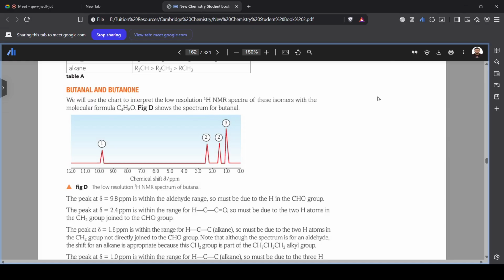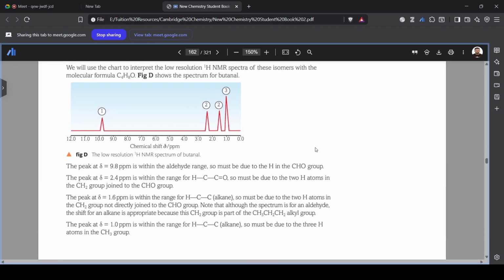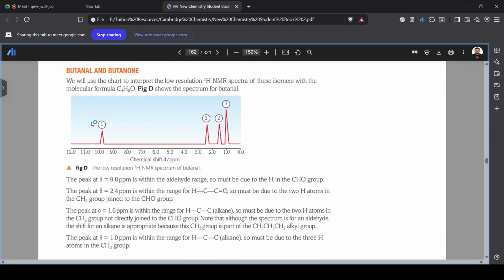Now this spectrum shows the spectrum for butanal. I think we are familiar with it, right? You understand what it is? Okay, let me just show it there. It'll be much simpler.